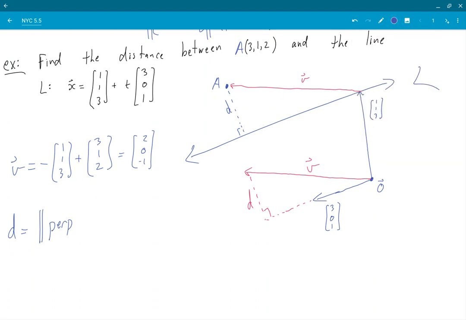So for this perpendicular, 3, 0, 1 is my subscript here. It's kind of awkward as a subscript. And the vector V is the thing I'm projecting, 2, 0, negative 1.